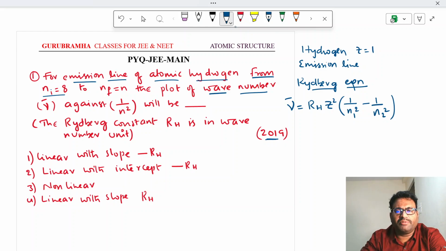Okay, this is applicable for different series. We have learnt about 5 series in hydrogen spectrum: Lyman, Balmer, Paschen, Brackett and Pfund, right?